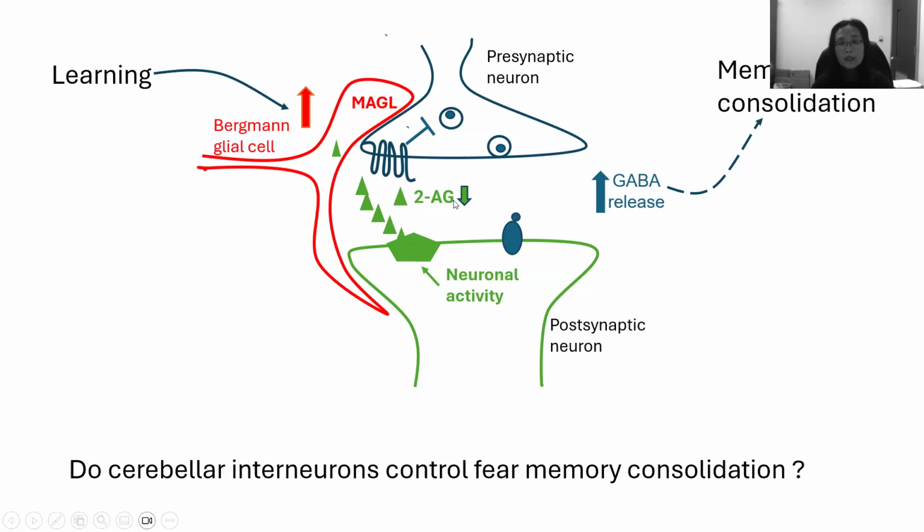And because the decreased endocannabinoid level will reduce the endocannabinoid suppression of GABA release, which is like a disinhibition, that increased GABA release probably causes memory consolidation.